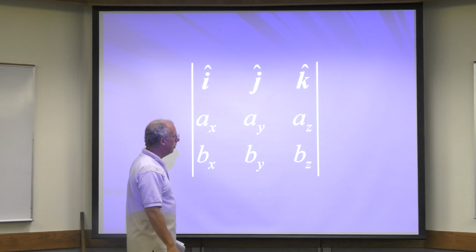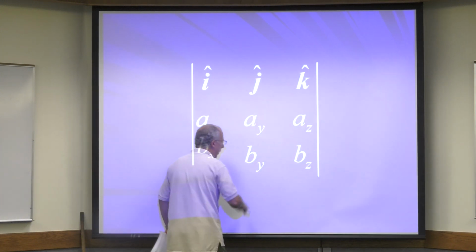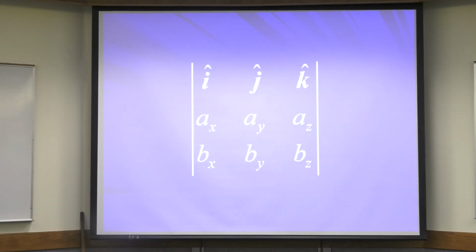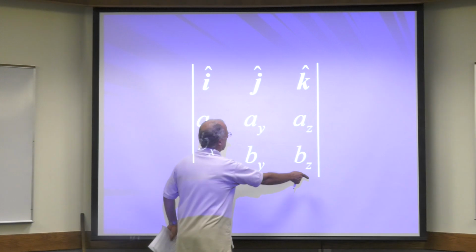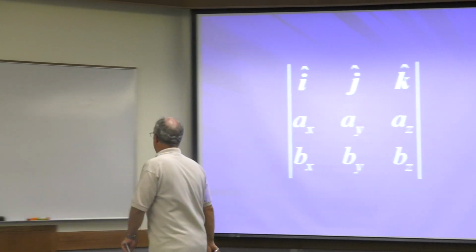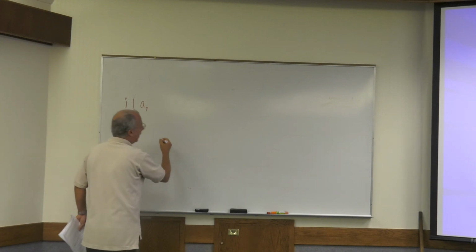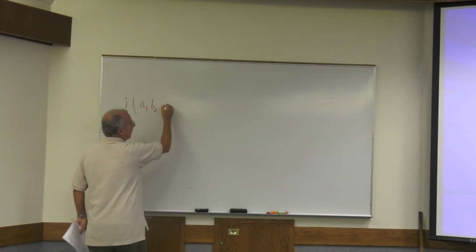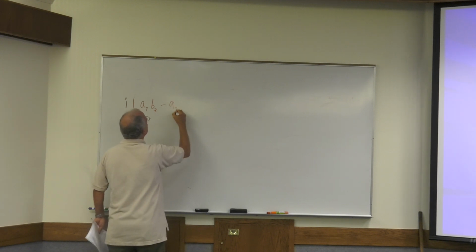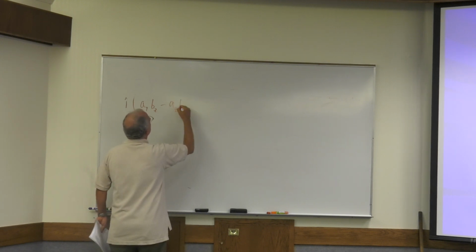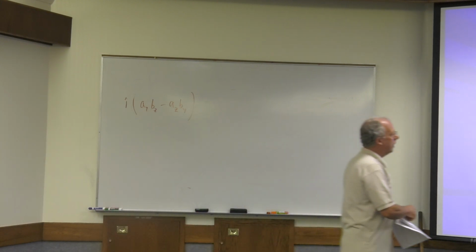How do you evaluate a 2 by 2? It's this product minus that product. So it's I times this minus that. So it's AY BZ minus AZ BY. Okay? Then, we're done with this one.